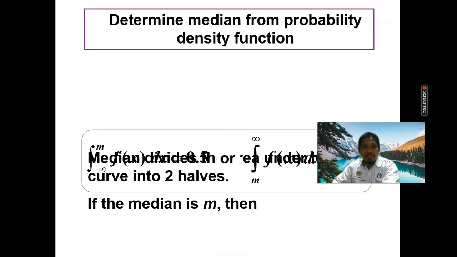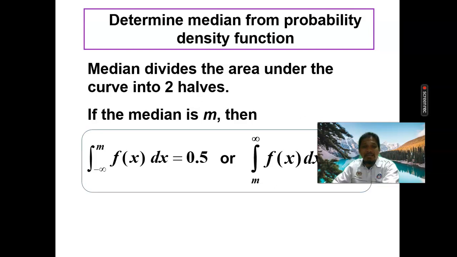Then, determine the median from the probability density function. The median divides the area under the curve into halves. If the median is m, and we have a function from a to b, let's say we sketch the graph here from x equal to a until x equal to b.